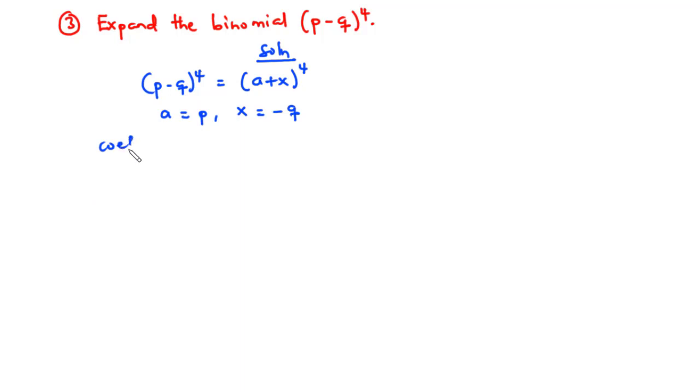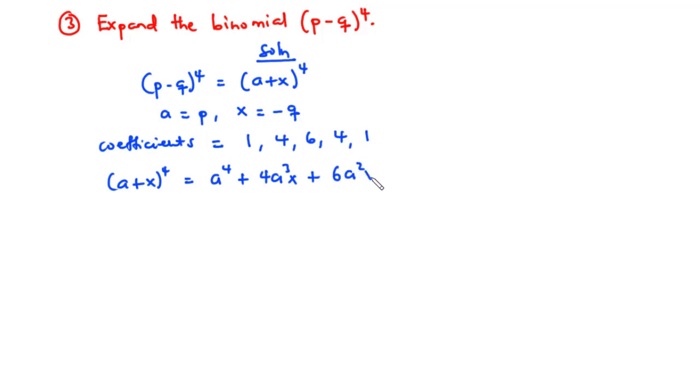Now the coefficients are 1, 4, 6, 4, and then 1. These are the coefficients. So the expansion of a plus x to the fourth power becomes a to the power 4 plus 4a to the power 3 x plus 6a to the power 2 x squared plus 4a x to the power 3 plus x to the power 4.